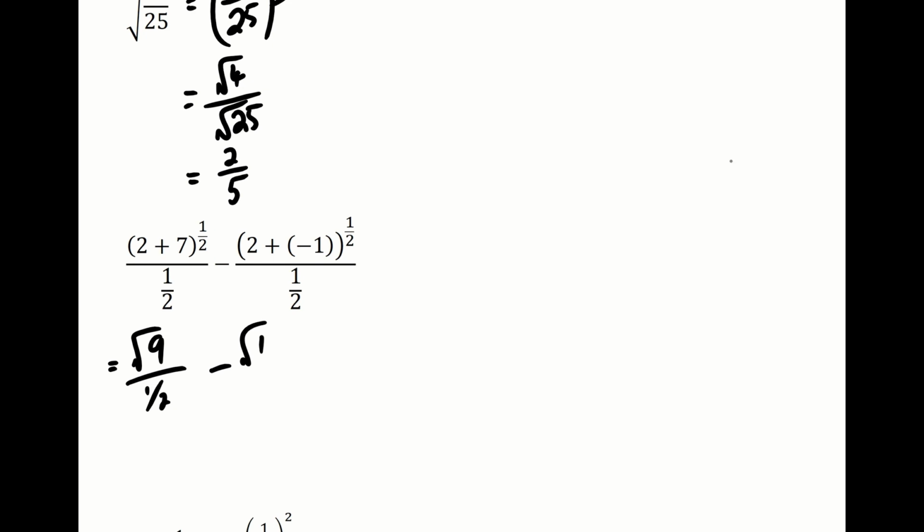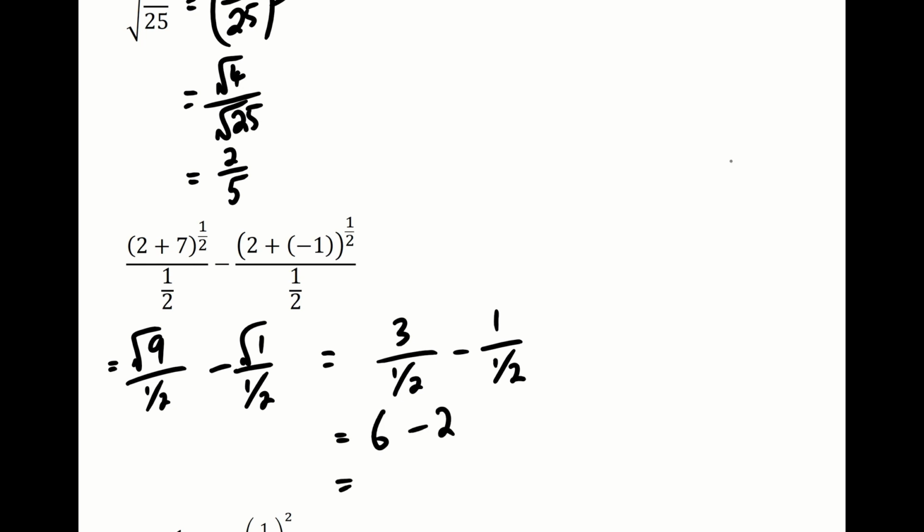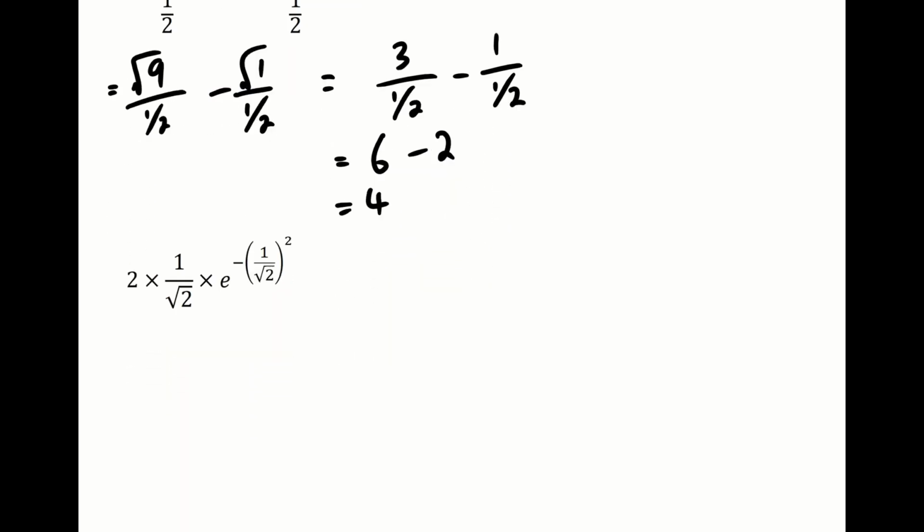I'm just going to write the square root instead. Okay, so I really have 3 on a half, subtract 1 on a half. I know that dividing by half is the same as multiplying by 2, so it's really 6, take 2 to give me 4. Okay, lots of different ways you can do it, but that should help us out.